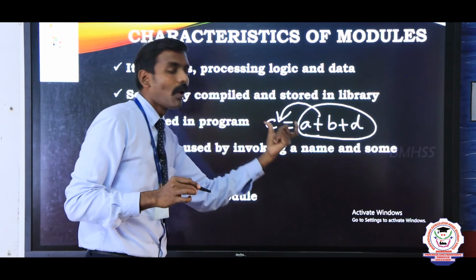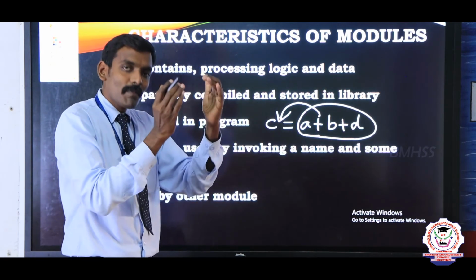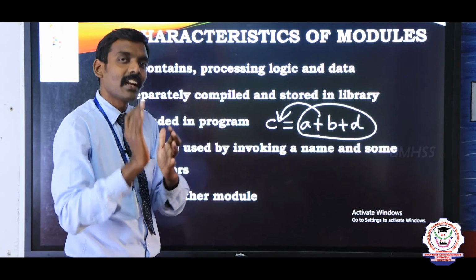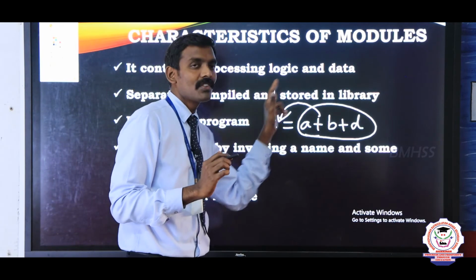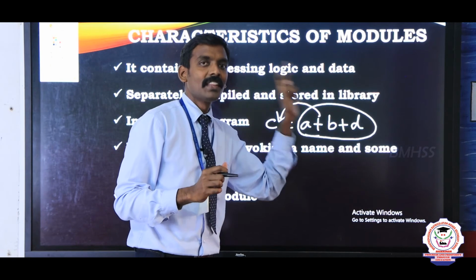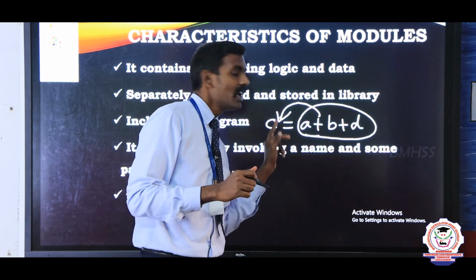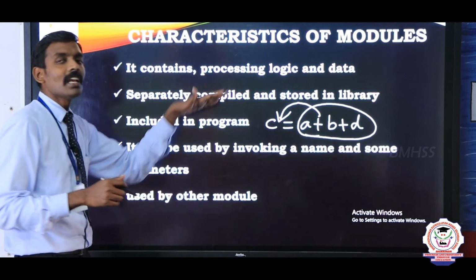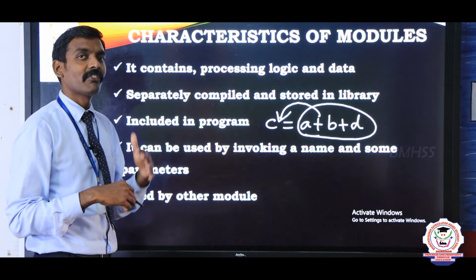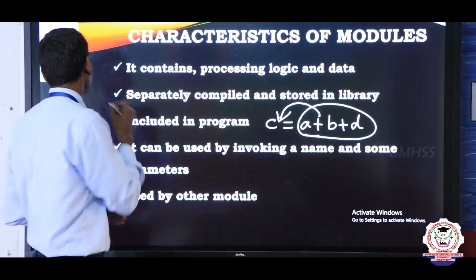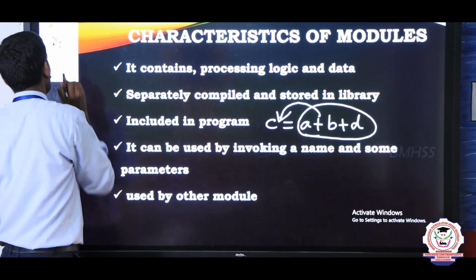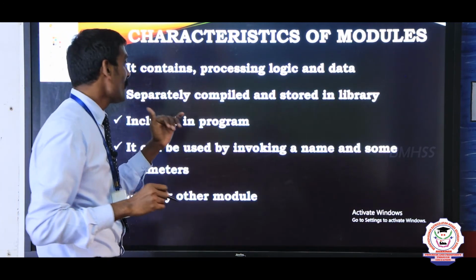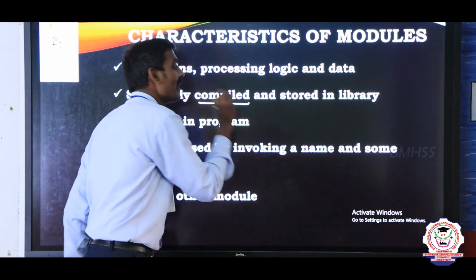And then processing logic means we have some procedure to assign a task. That is called processing logic, and you are giving some input, that is called data, and it produces the result as information. Next one, separately compiled and stored. What is the meaning of separately compiled? Very simple. Compilation. What is the meaning of compilation?